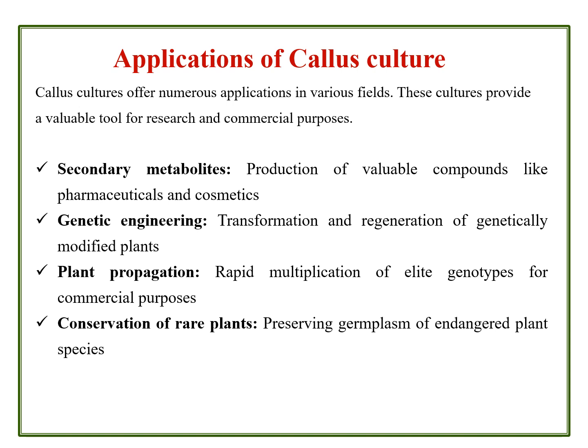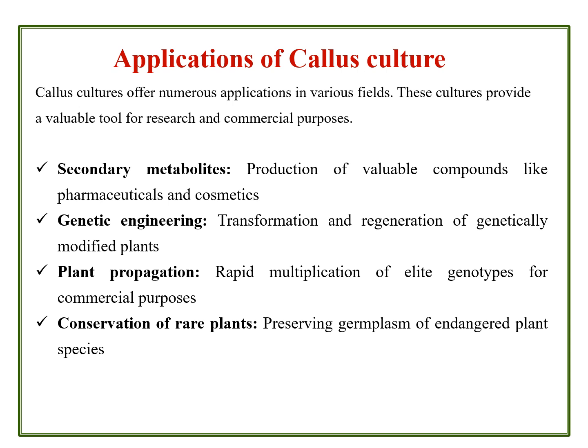In the case of secondary metabolites, callus cultures are useful to produce valuable compounds like pharmaceuticals and cosmetics. Nowadays, pharmaceuticals can be cultivated from either a suspension culture or a callus culture. Most of the cosmetics of plant origin are being cultivated through callus cultures.